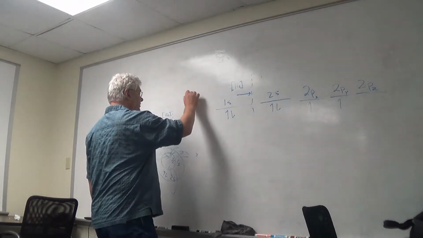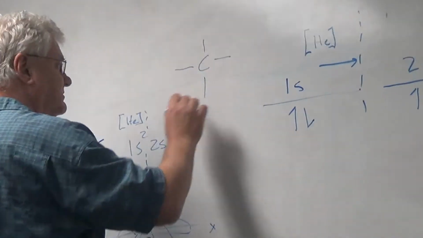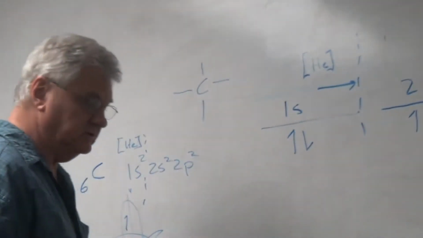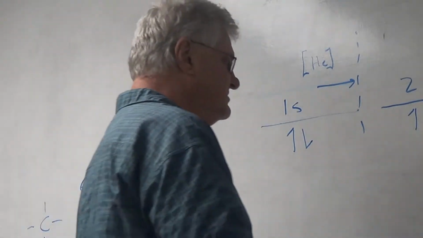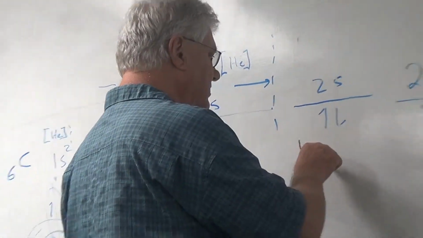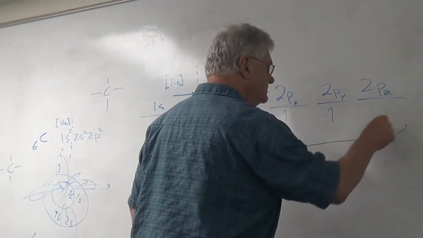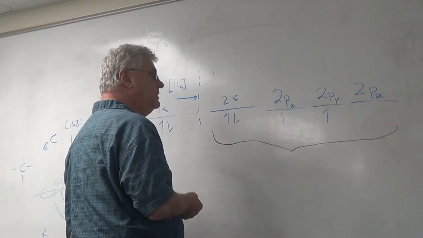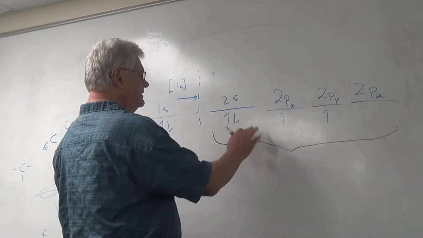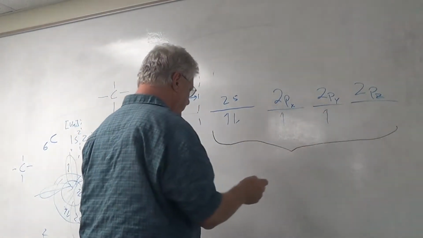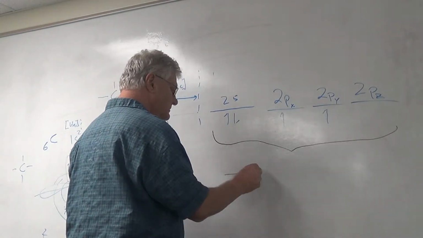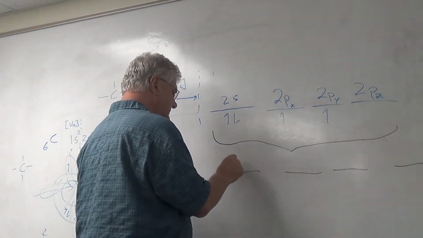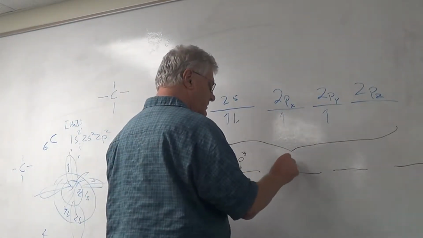And then we kind of finished up last time when you look at the scenario where carbon forms 4 single bonds. What is thought of as happening here is all 4 of these orbitals are hybridized. And after they hybridize, you end up with the same number of orbitals that you started with. We have 1, 2, 3, 4 orbitals here. When they hybridize, they all have the same energy, and they're called sp3 hybridized orbitals.